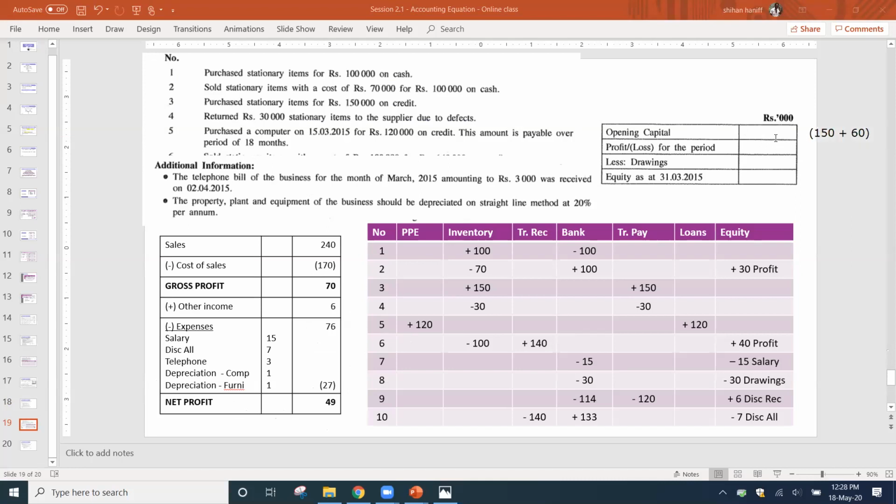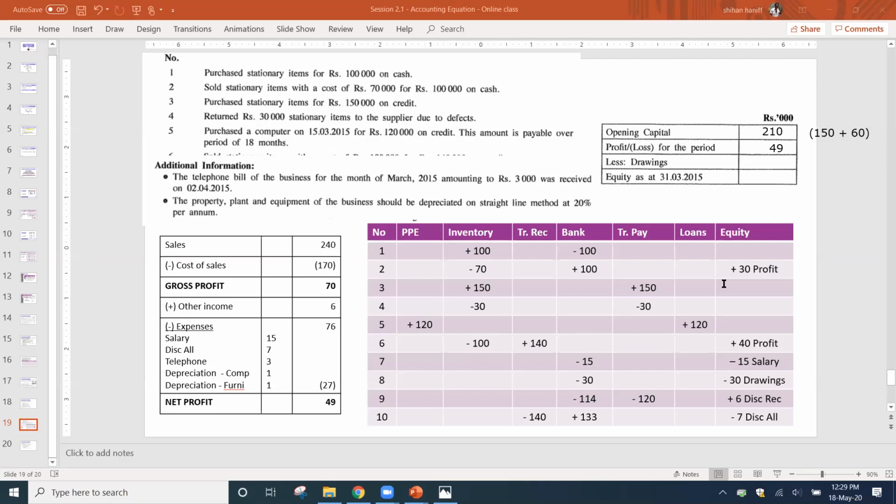That is 210. We invested 210,000. The profit we calculated, it was 49.